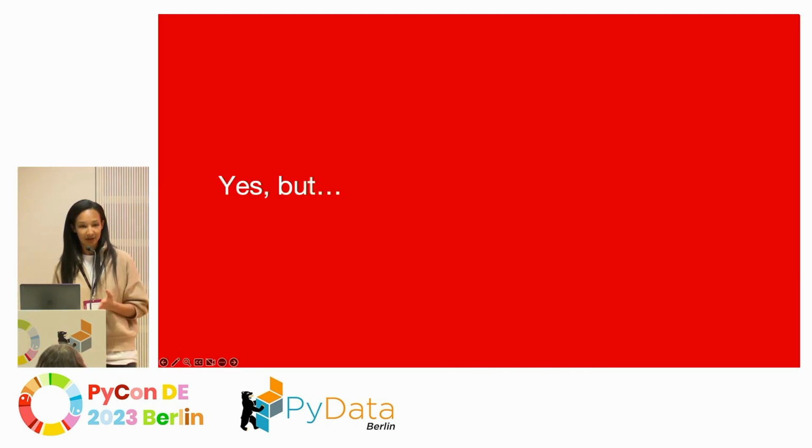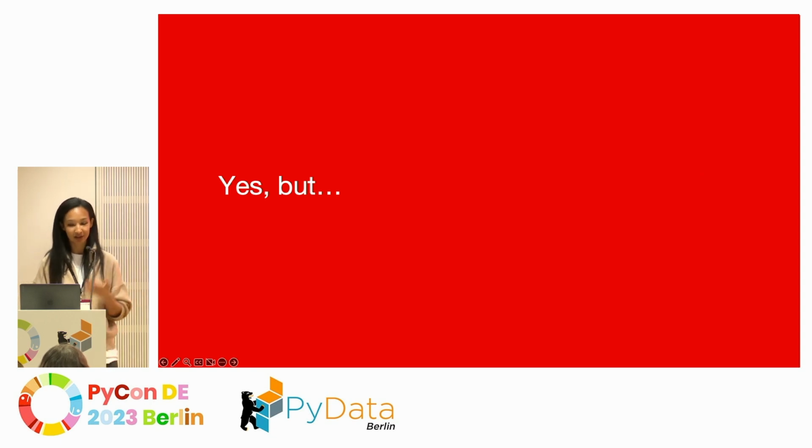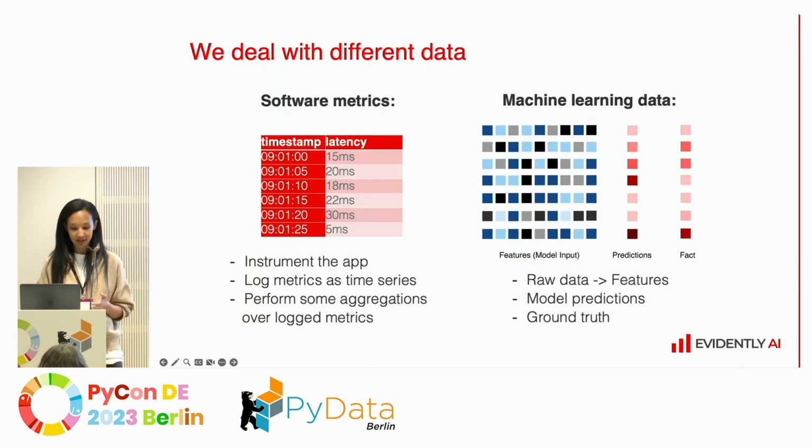Basically, the idea sounds very good, but as usual, there are some potential problems here. So first, let's quickly take a look at what data we are dealing with to figure out the source of potential problems. When it comes to software monitoring metrics, we don't really calculate metrics.